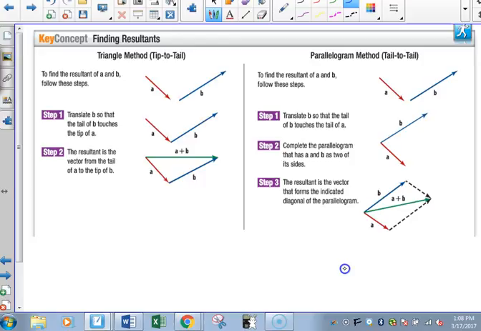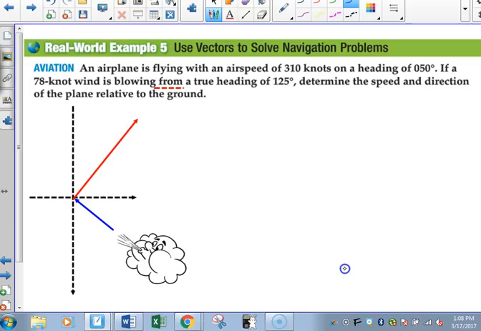All right, so I'm going to first of all show tip to tail, or I'm going to attempt to. Just watch, please. You don't have this question. An airplane is flying with an airspeed of 310 knots at a heading of 050. So where's there a 50-degree angle?